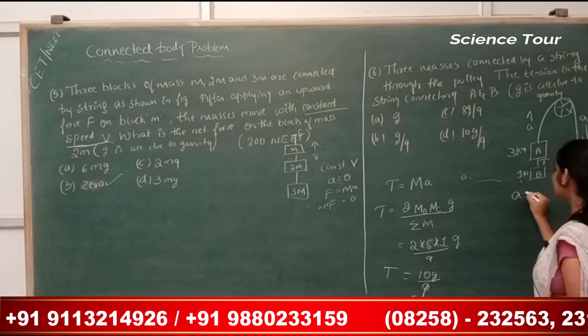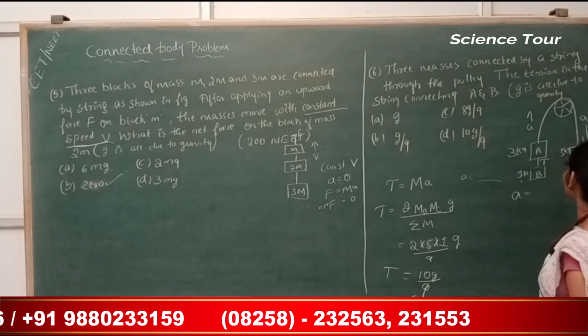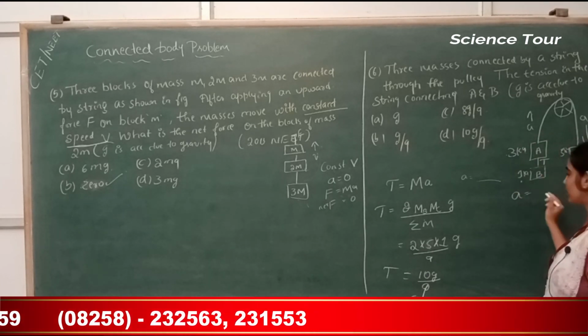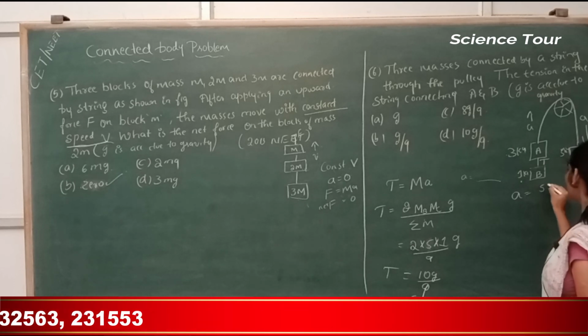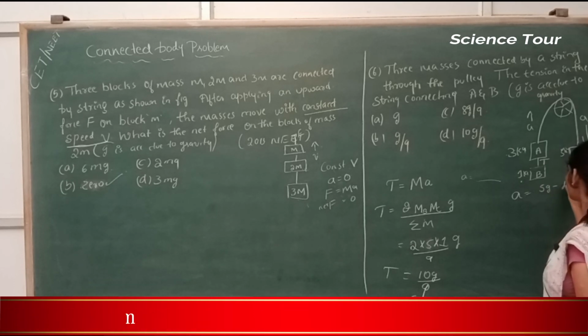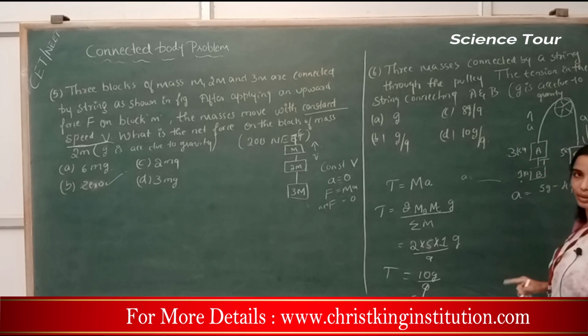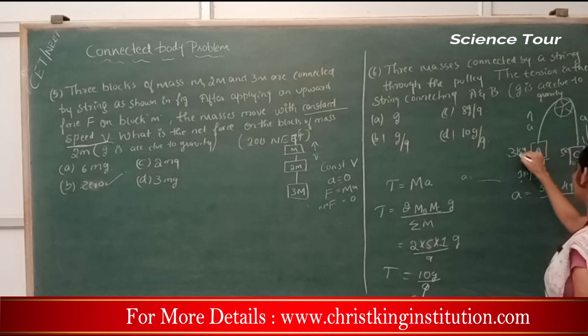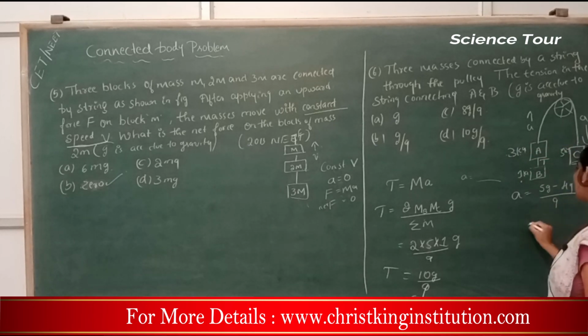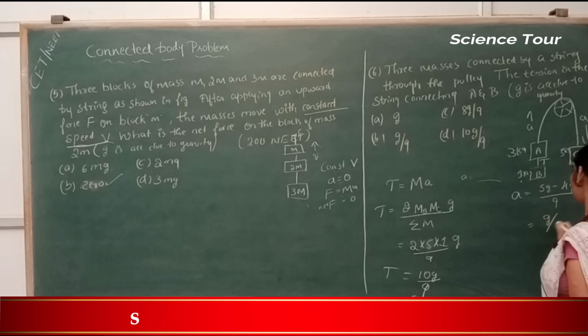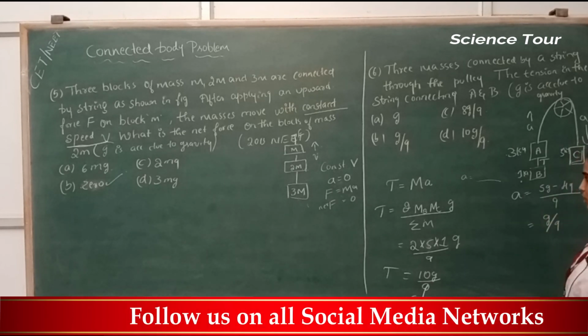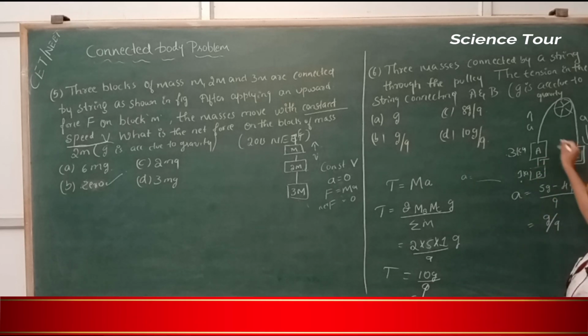What is the acceleration? Acceleration is weight of this minus weight of this. That is 5 into g minus 4 into g, that is 3 plus 1. So 4 into g divided by 9. So this is the acceleration. g divided by 9 is the acceleration. Acceleration times mass. Which mass should you consider? Total mass, 5 plus 3.